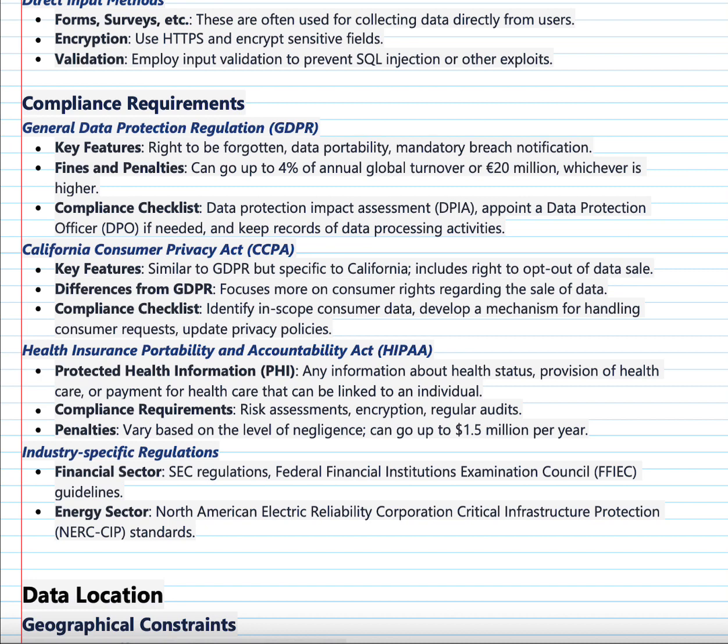And then we talk about the industry-specific regulations. Obviously, the SEC, which is the Securities and Exchange Commission in the United States, the Federal Financial Institutions Examination Council, FFIEC. These folks, I believe, are on credit unions. I think that's FFIEC. And so you're going to want to understand those, right?